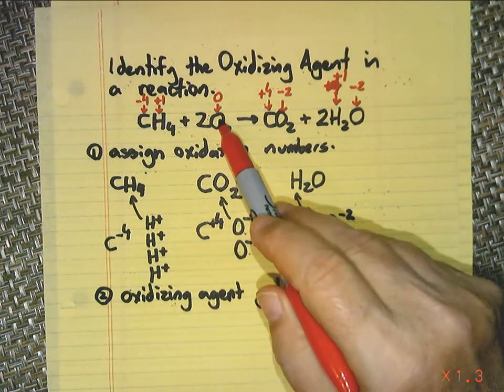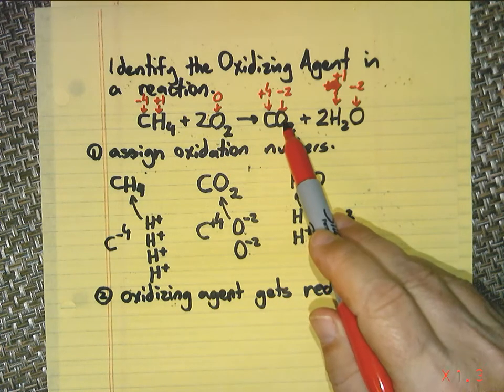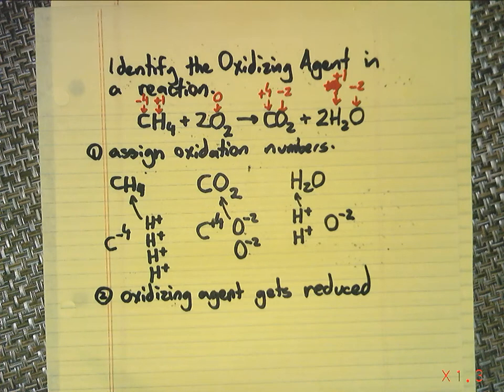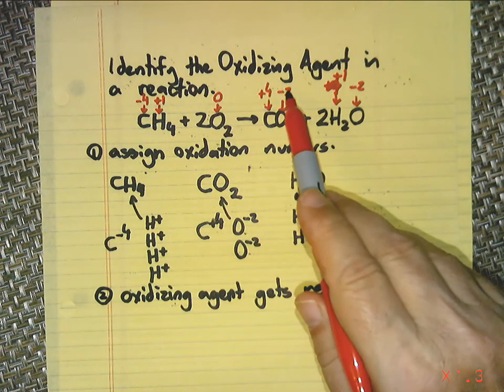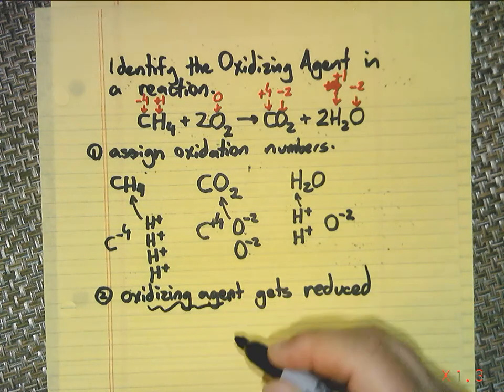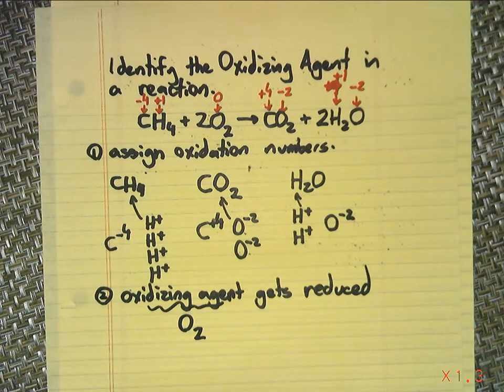It starts off with an oxidation number of 0, and then over here and over here, in both places, it goes down to -2. The oxidation number gets reduced. It goes down. So the thing whose oxidation number gets reduced is the oxidizing agent. And just like we suspected, the oxidizing agent here is O2 in this problem.